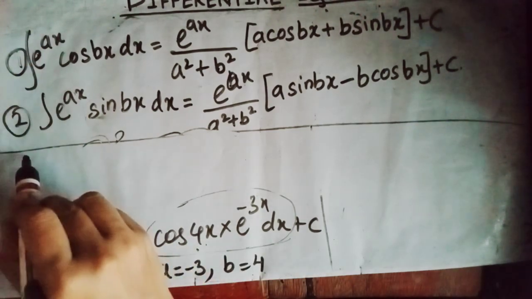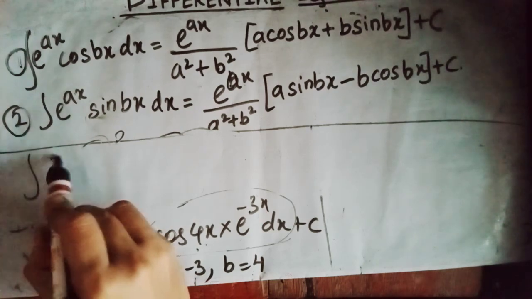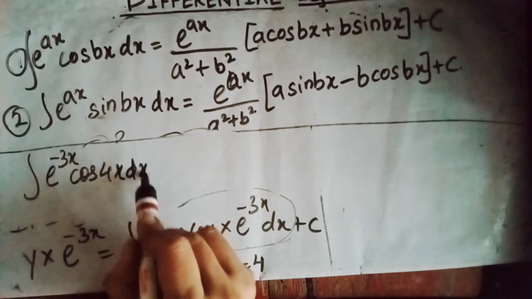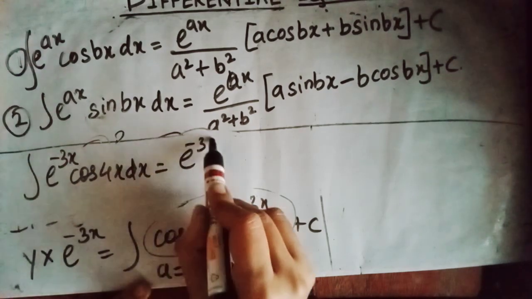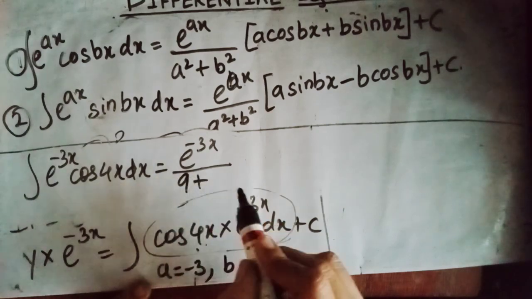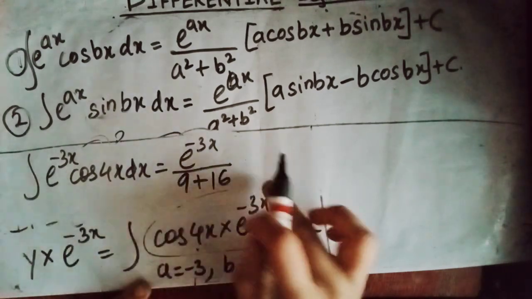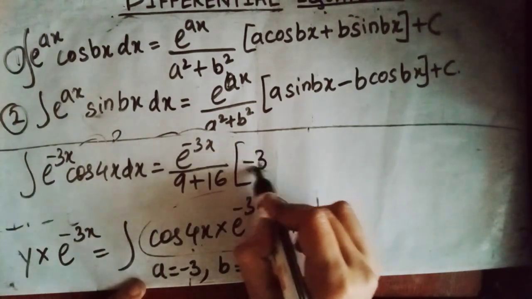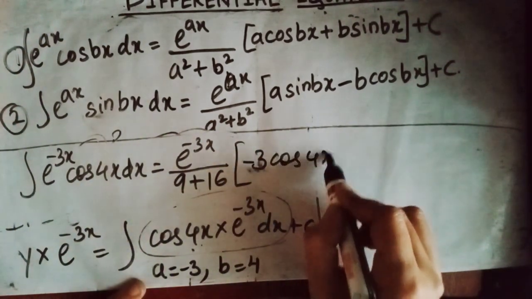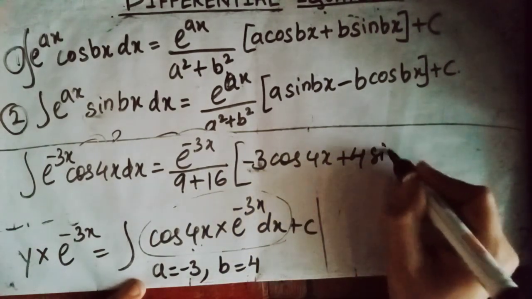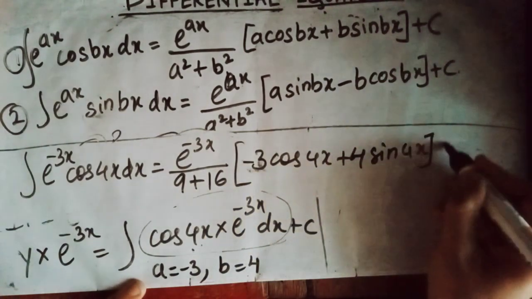Okay, so the integral of e raised to minus 3x cos 4x dx becomes e raised to minus 3x upon a square, a is 3, right, 9, plus b square 16, into a which is minus 3 cos 4x plus b which is 4 sin 4x, plus c.